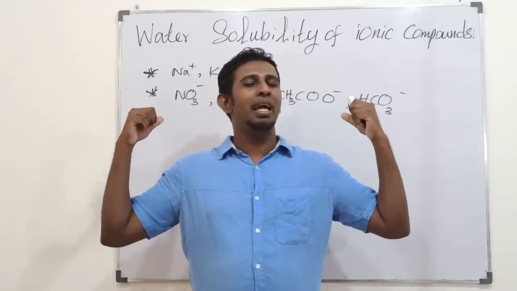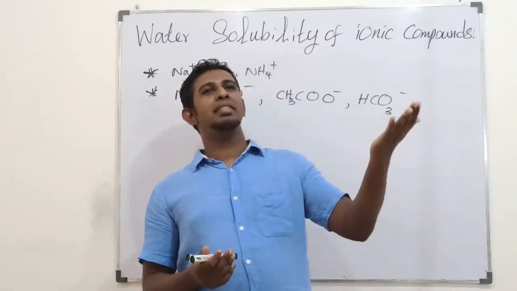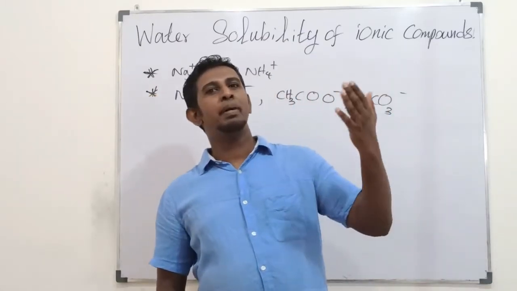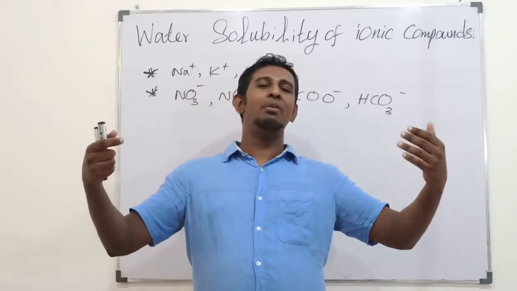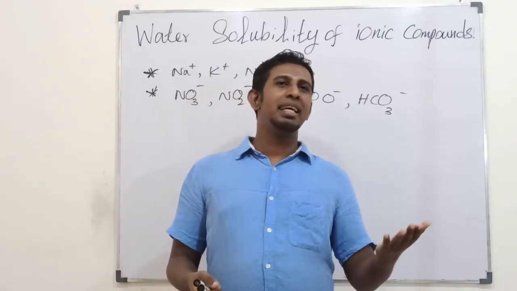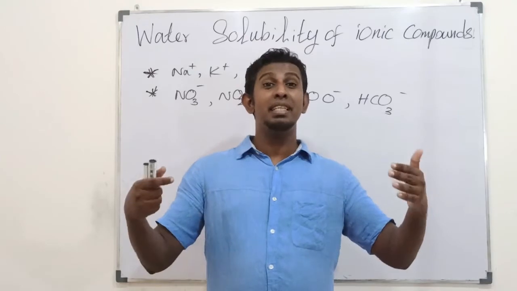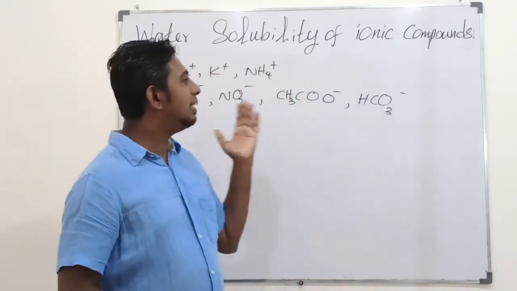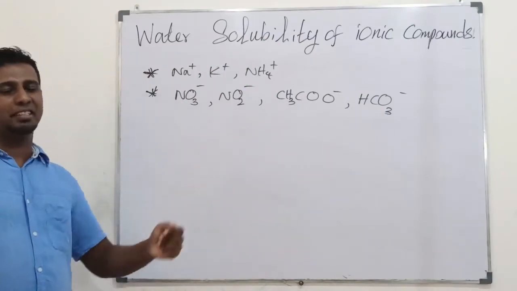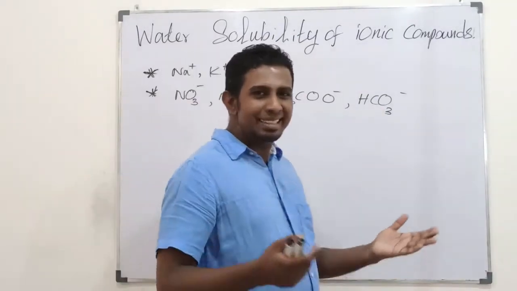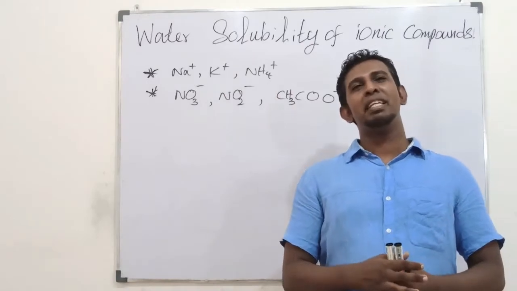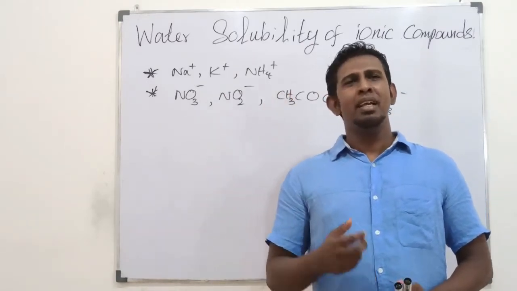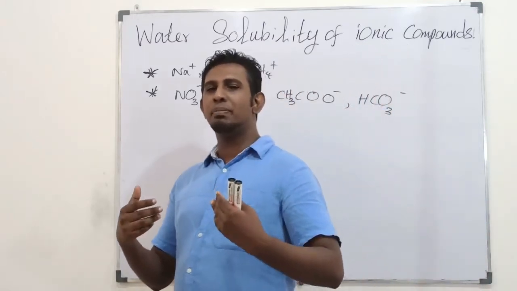For the reason you have these anions, if you take silver nitrate, lead acetate, copper nitrate, those all are water soluble. You could easily predict that those substances are water soluble, seeing these anions inside. See how easy the prediction of water solubility is when you have these cations and anions. These are the easiest part.